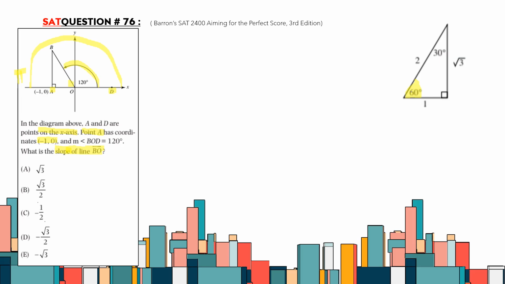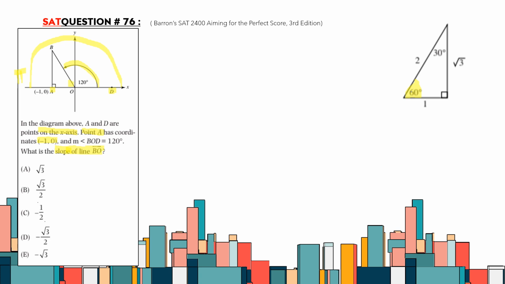They gave point D because they want you to see the name of the angle they show on the diagram, BOD. That's just for point D information, so we don't have to worry about that. But let's talk about the right triangle first.